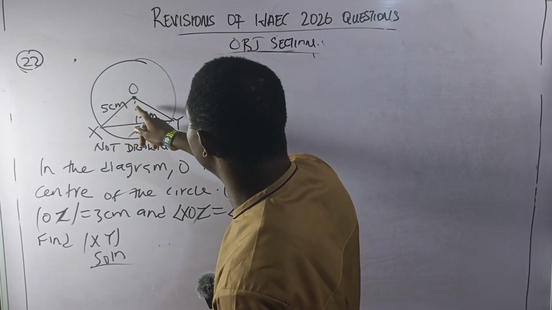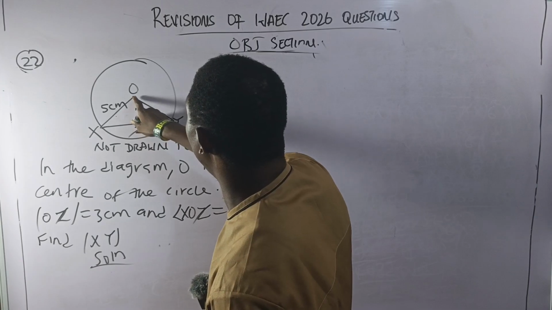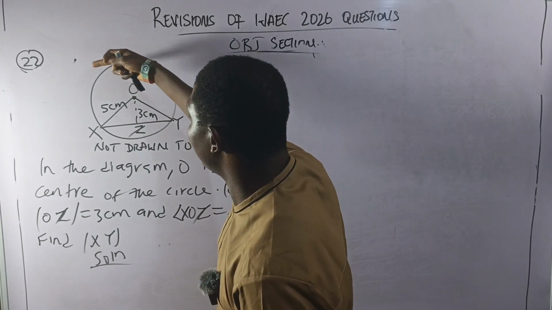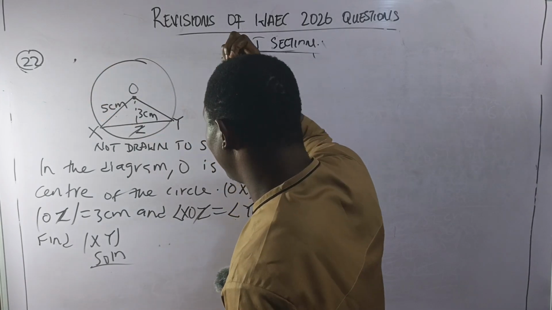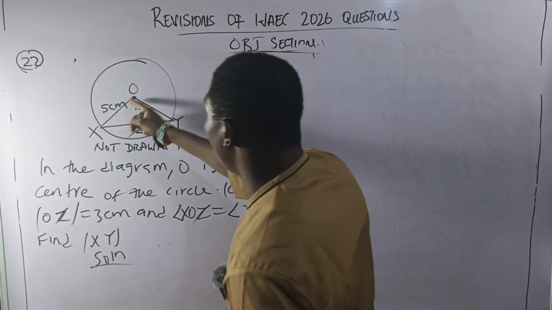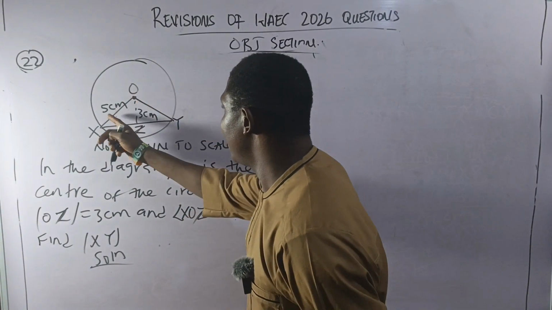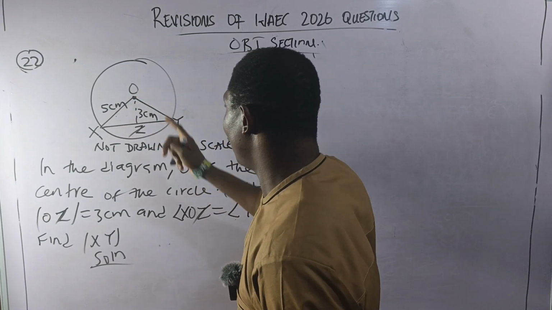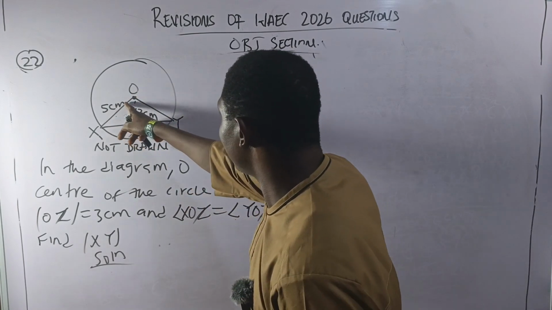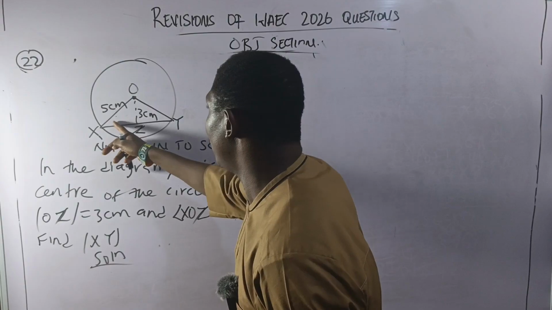It simply means that any line from O that touches any part of the circumference is what? A radius. So OX and OY are both radius. Since OX is 5, OY will be 5. That's why they said this angle equals this angle, because these two angles will be equal.